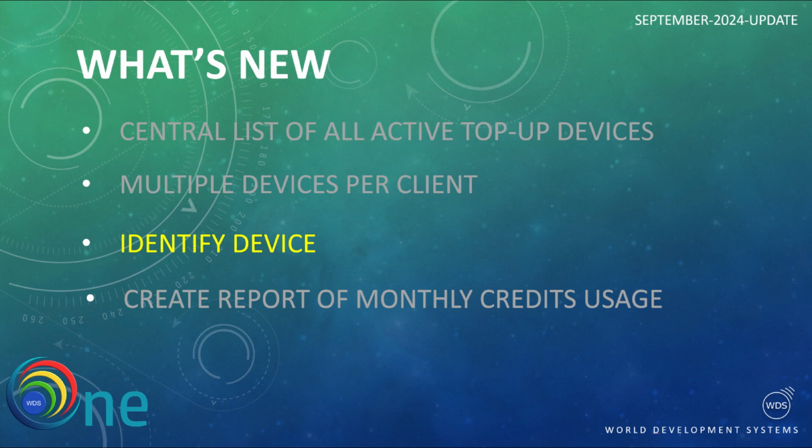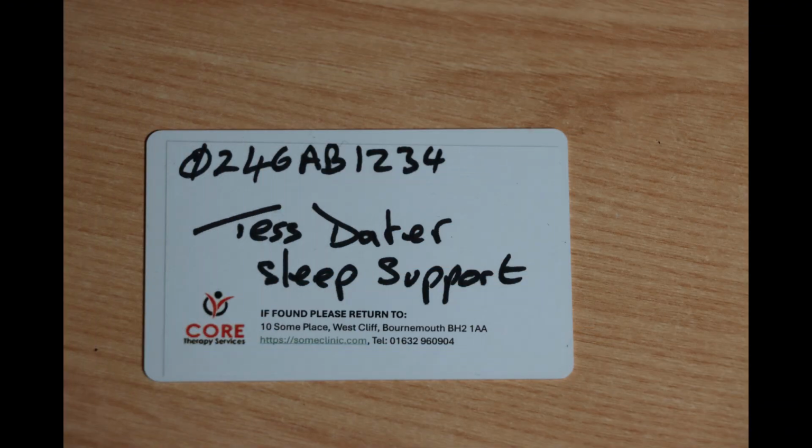Or, for example, if somebody calls in and tells you that they found this in the street, so one of your clients might have dropped it. Incidentally, with that in mind, you might want to consider getting some printed labels made up anyway with your clinic contact details on, and then putting it on the back of the card. And if you're going to do that, then I suggest you leave a blank area on that label so that you have space to write a note if you need to.